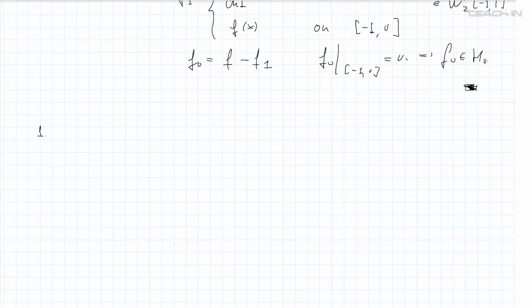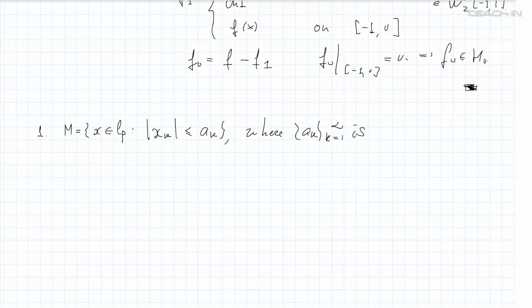First problem: let's consider M, the set of such sequences from l_p such that |x_k| is less than or equal to a_k for some numbers, where a_k is a fixed sequence.